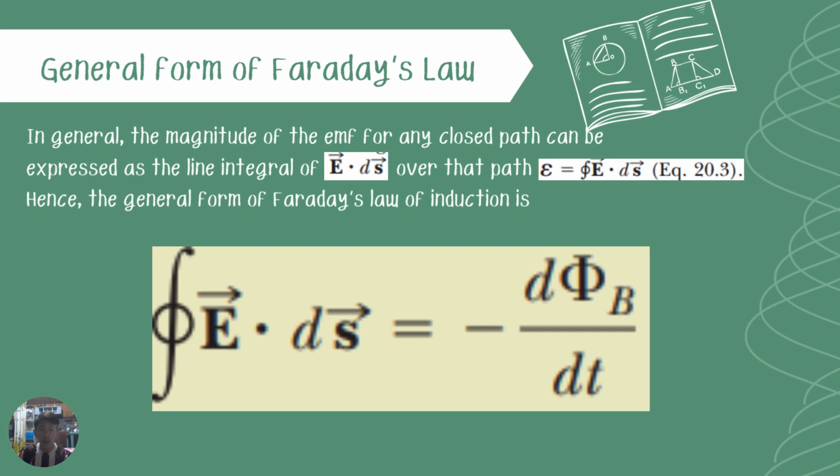In the middle, the E represents the line integral, which equals the negative rate of change of the magnetic flux with respect to time. So when we put it together, we can read this equation as: the line integral of the electric field along the closed path is equal to the negative rate of change of the magnetic flux with respect to time.